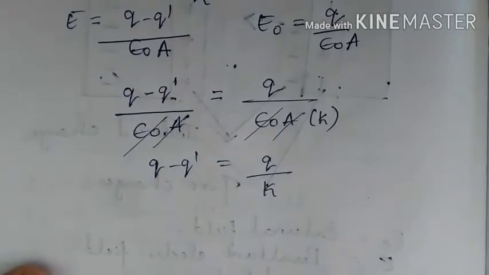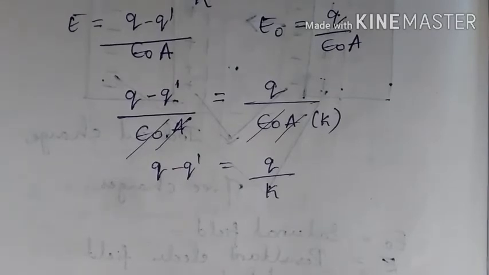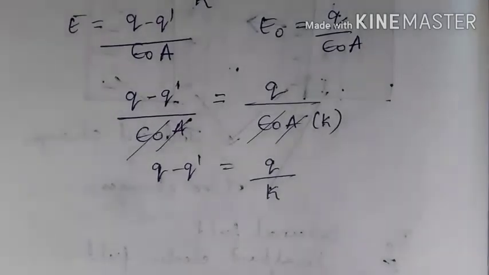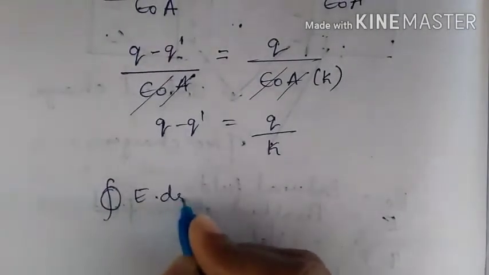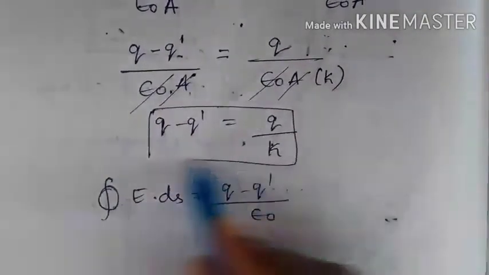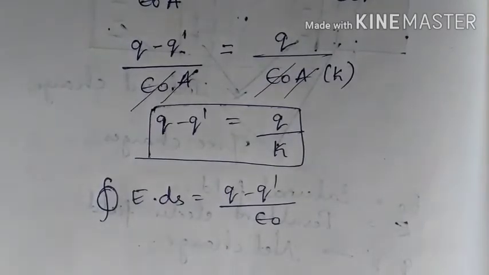K is the dielectric constant. So substitute Q minus Q prime is equal to Q by K in the E equation. For the resultant electric field, we used Gauss law and wrote the integral of E dot dS is equal to (Q minus Q prime) by epsilon naught. Now substitute Q minus Q prime equal to Q by K in this equation.